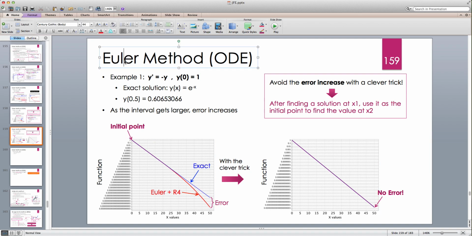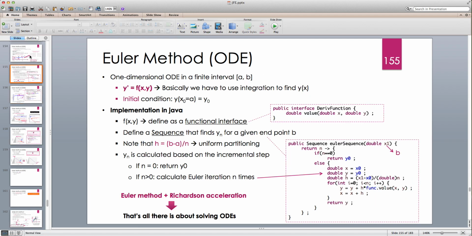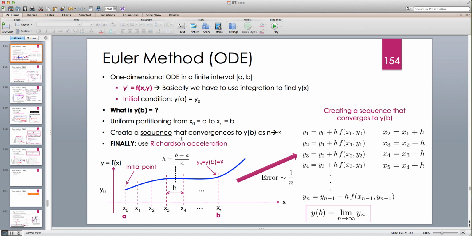So Euler was not good because it had a very slow convergence, because the behavior of the error was 1 over n. So we accelerated with the Richardson. Let's say if I apply fourth order Richardson, the error should be 1 over n to the fourth power. Okay, and then the other problem was that the error also is proportional to b minus a, right?